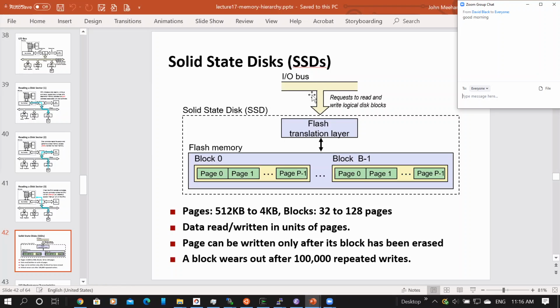But we're basically trying to emulate the behavior of a disk drive where you could make requests to go get me some logical block off of the device. Go get me logical block 597 or something, right? Well, those blocks, those sectors' worth of information, actually live in these pages down here, right? And there's a little bit of strangeness about the way this works because what this thing is, of course, is just another form of electrically erasable read only memory.